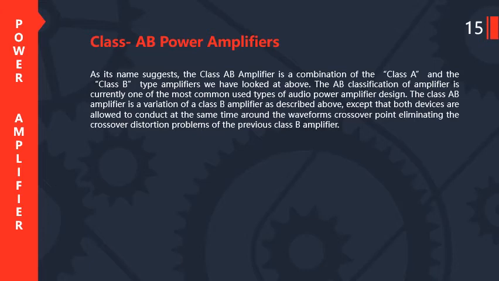The class AB amplifier is a variation of a class B amplifier as described above, except that both devices are allowed to conduct at the same time around the waveform crossover point, eliminating the crossover distortion problems of the previous class B amplifier.